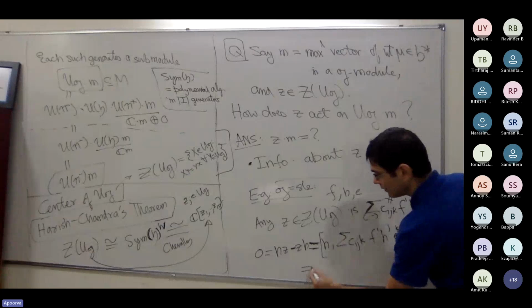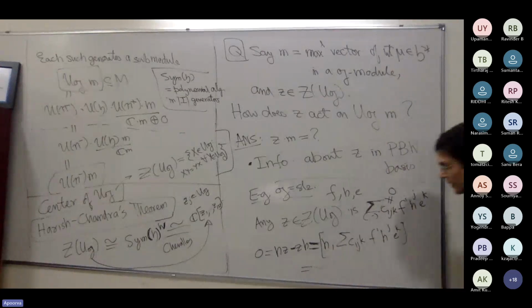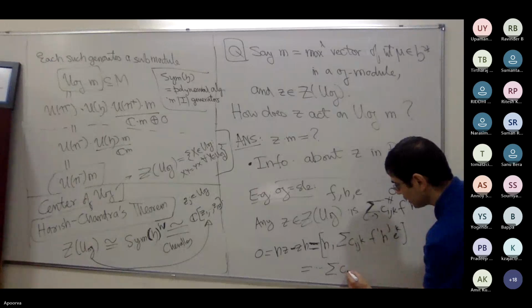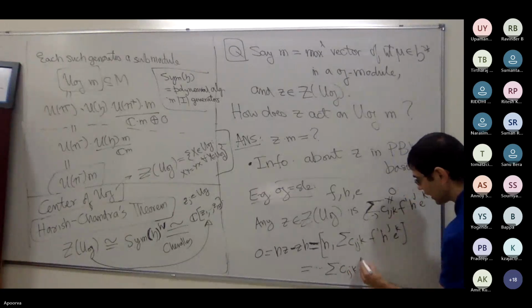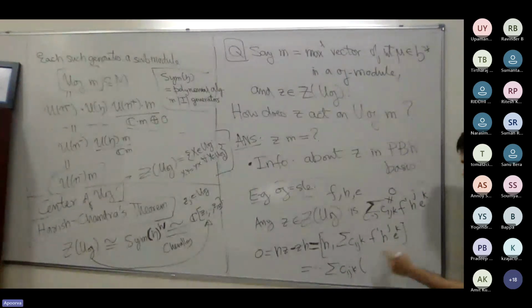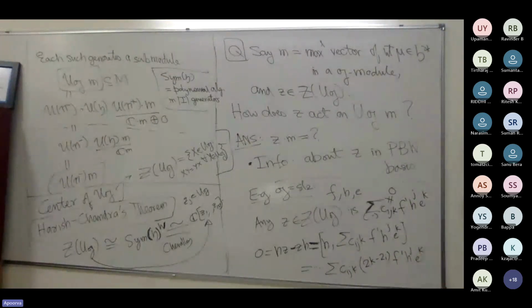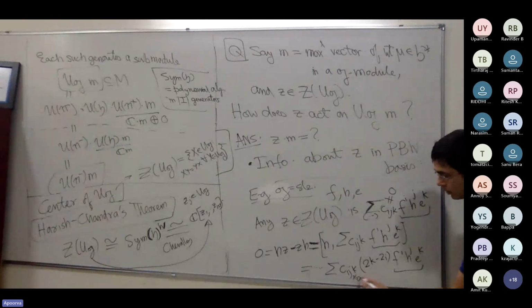Now do the calculation, which I will not do, and you will check that this is summation c_ijk, and then there is twice k minus twice i, F^i H^j E^k. But I need this to be 0. The point is these monomials are linearly independent by the PBW theorem, and the coefficients are non-zero.